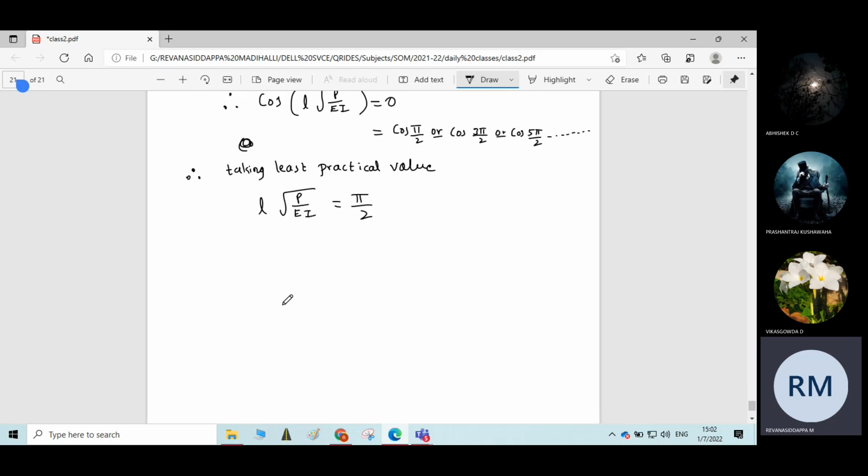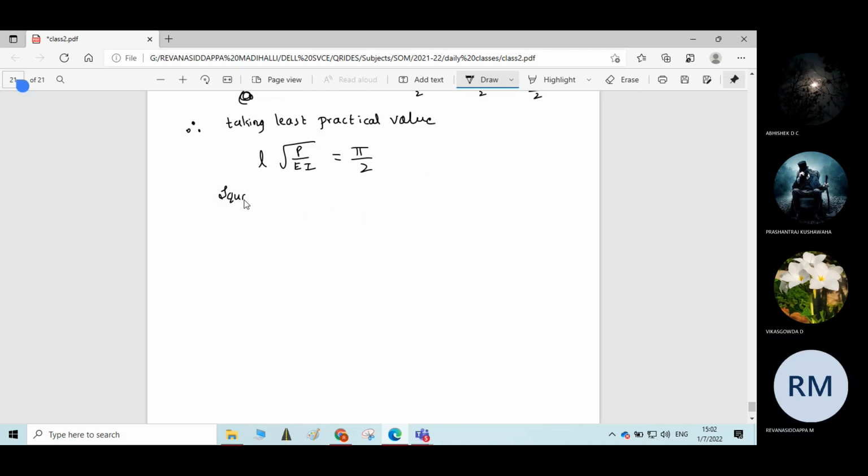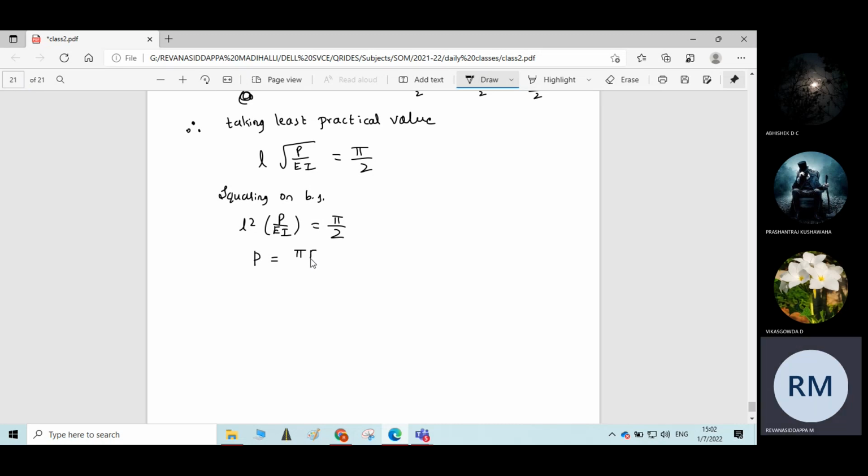Okay, therefore squaring on both sides, it becomes L square into P by EI is equal to pi square by 4.